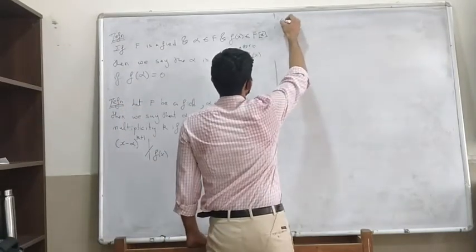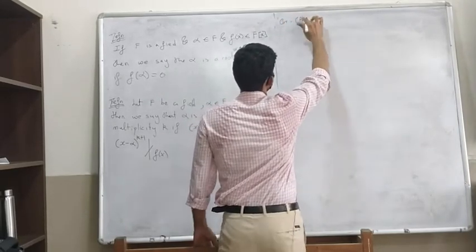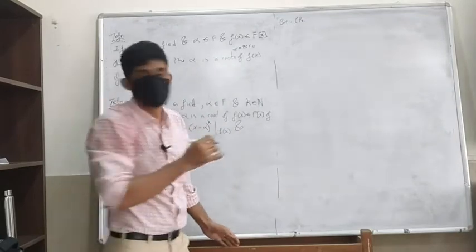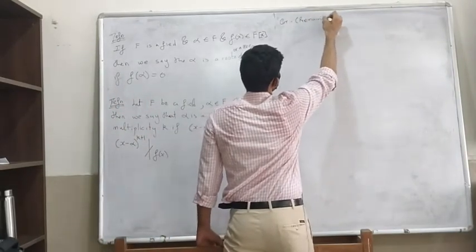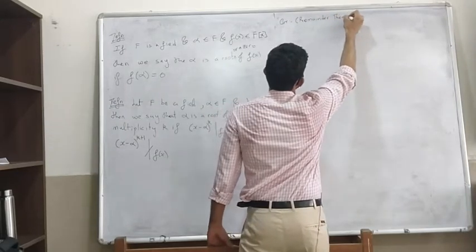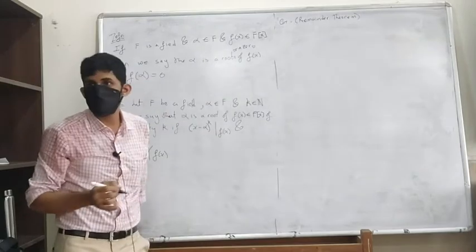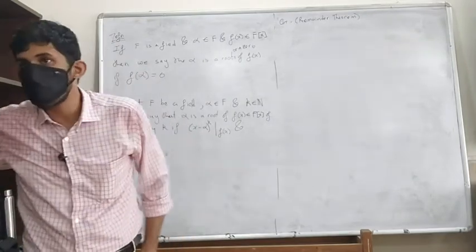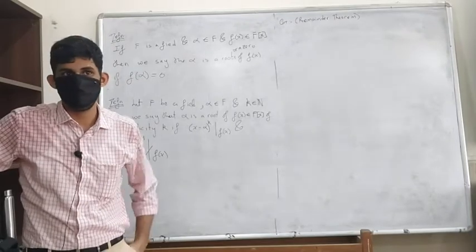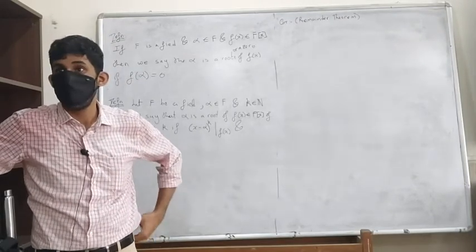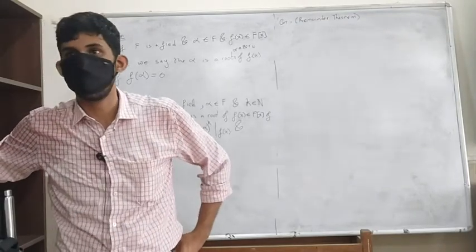One corollary is called the remainder theorem. So the question is basically, what is the remainder of f of x when divided by x minus a?